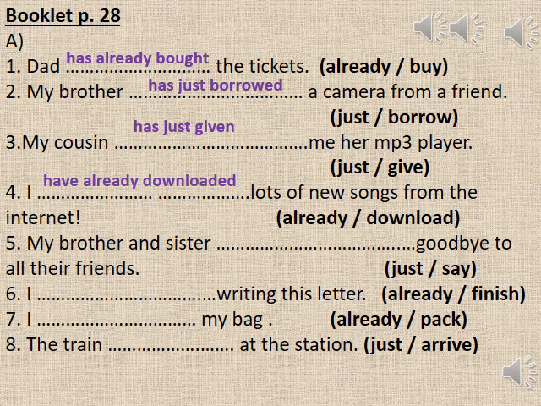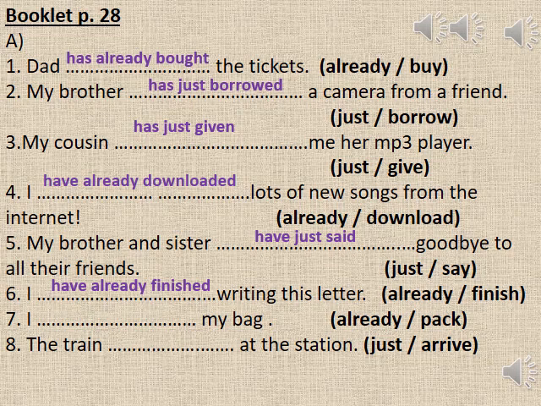Number 5, my brother and sister goodbye to all their friends. Just, say. My brother and sister have just said goodbye to all their friends. Number 6, I writing this letter. Already, finish. So the answer will be, I have already finished writing this letter.